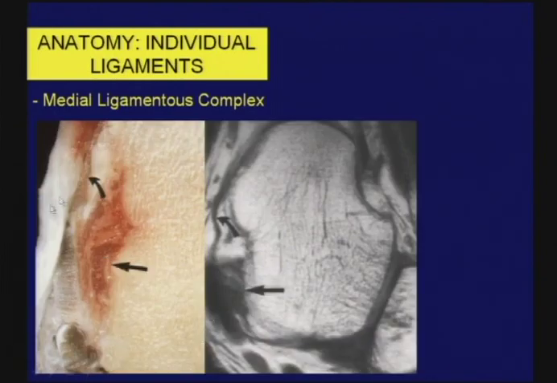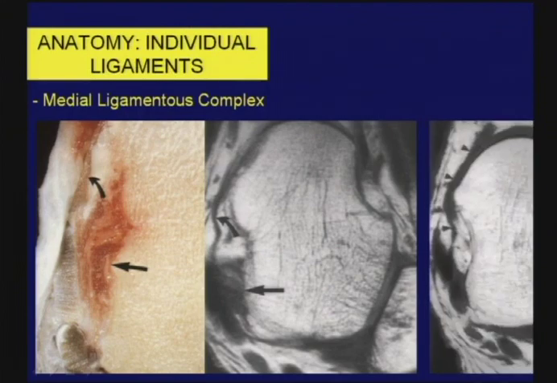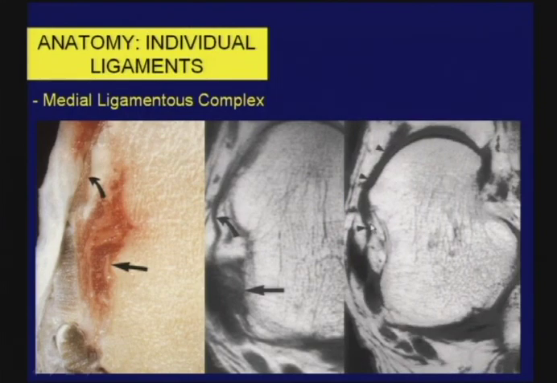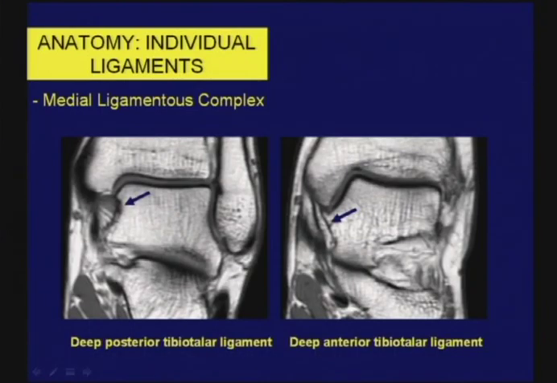In the transverse plane, this is the deep posterior tibio-talar portion of the deltoid. This is the superficial deltoid curving around, going as far anteriorly as the navicular bone. In the next axial image, slightly lower, we can see mainly superficial deltoid ligament extending up to the navicular bone.